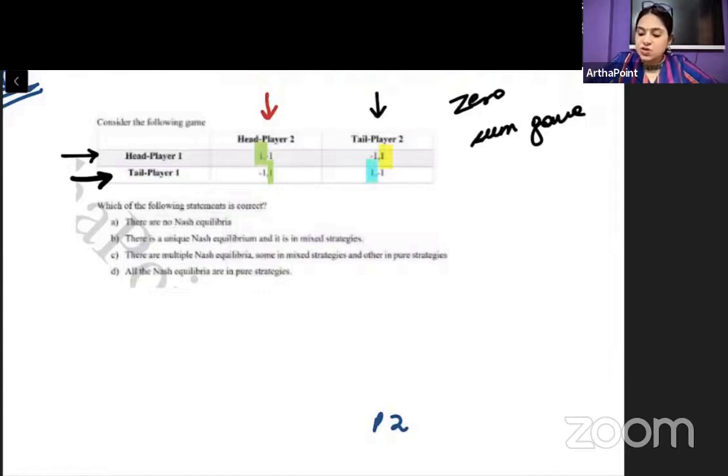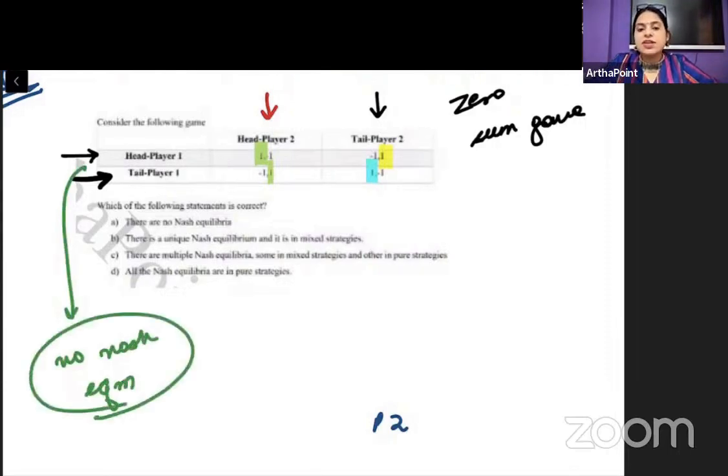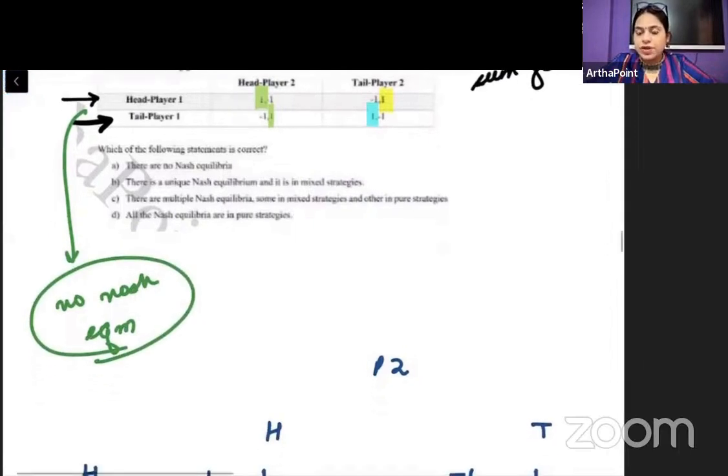So you will realize, of course, it had to happen in a zero-sum game, that there will be no Nash equilibrium. It's a zero-sum game, therefore there is no pure strategy Nash equilibrium. But I have already taught you that the number of Nash equilibria are always odd.